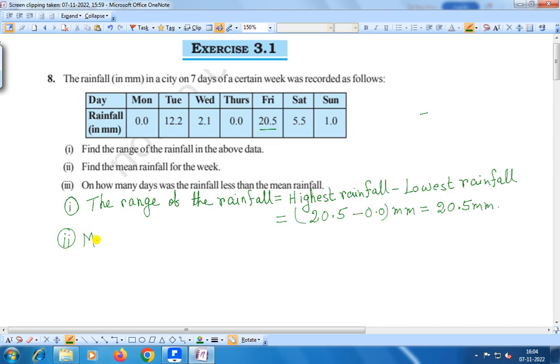Mean rainfall is equal to the sum of rainfall recorded divided by the total number of days.